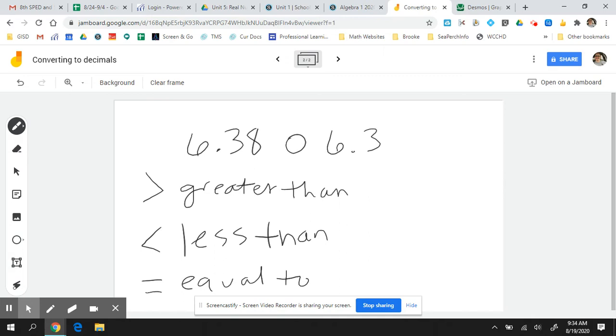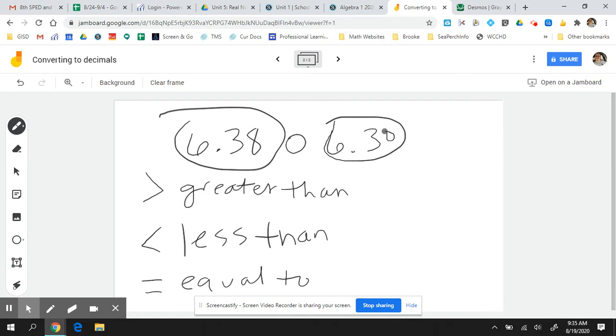Now what we would do is put a greater than or a less than symbol inside of our little circle here. We know that 6.38, an easy way to compare it is to put a zero back here, is much higher than 6.30.